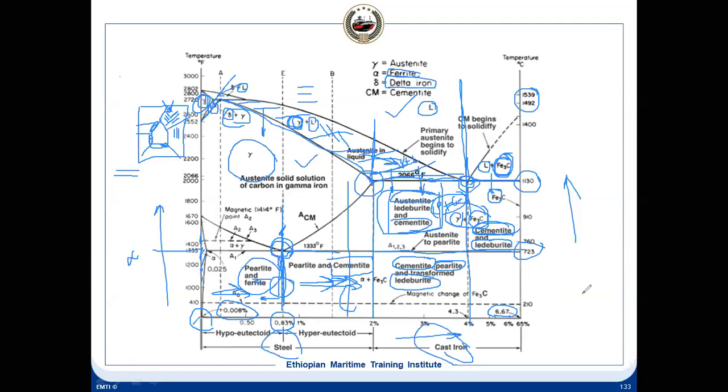And I explained the hypothetical one, that is the eutectic point. This was the point when I started. But there is also another point where a solid solution changes into more than one phase. That is called the eutectoid point, which is 723 degrees centigrade. Clear? Understood?